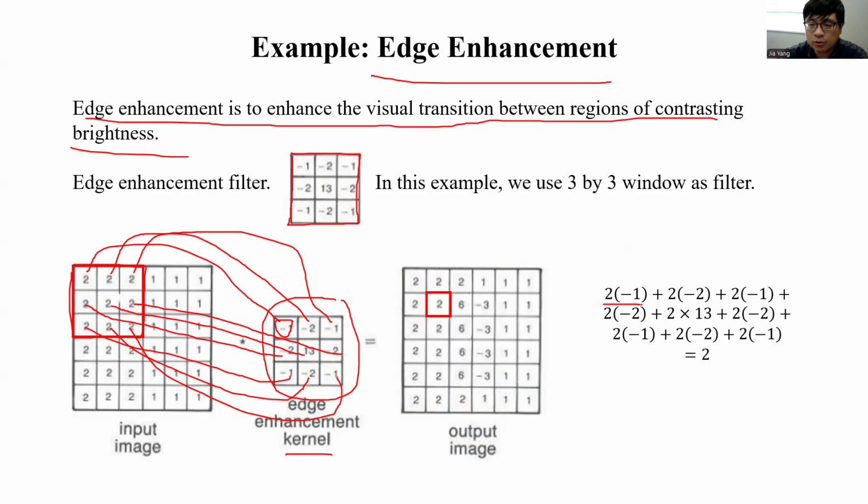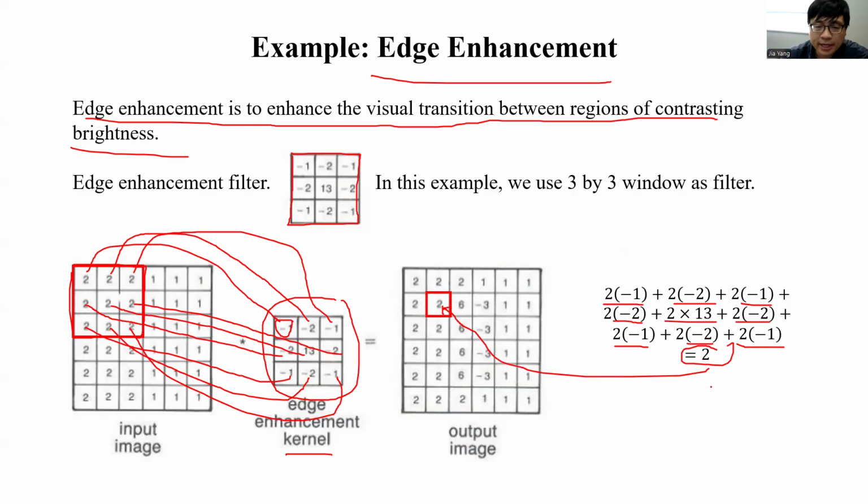So the sum is 2. Then we assign that value to the pixel in the middle of the moving window. The value is assigned as 2 here.